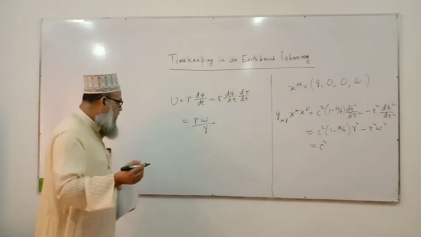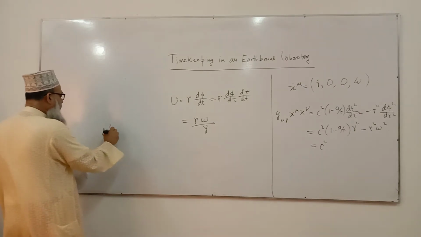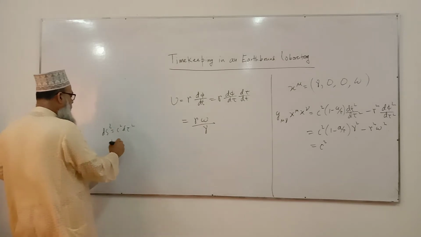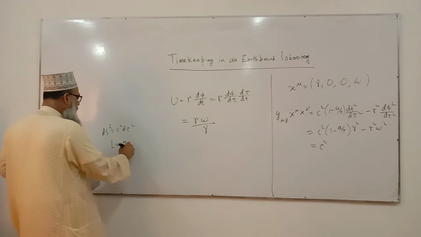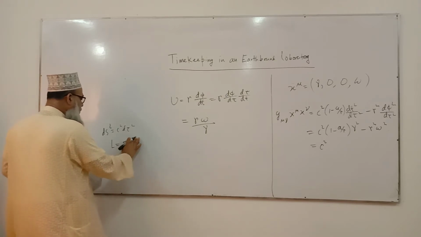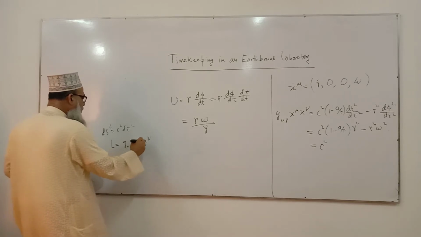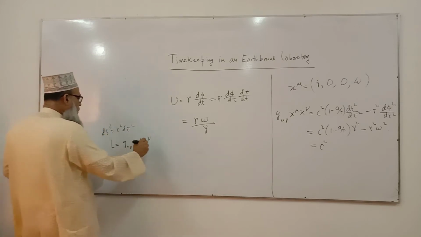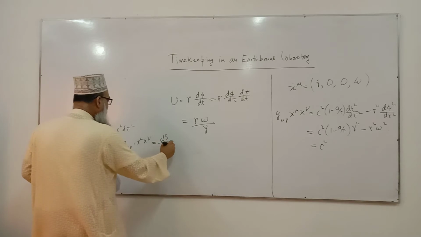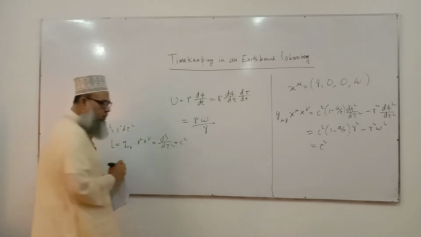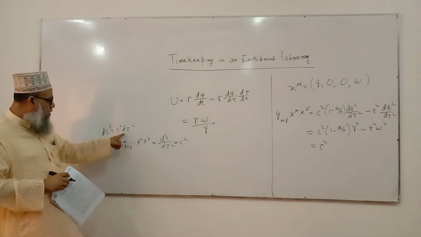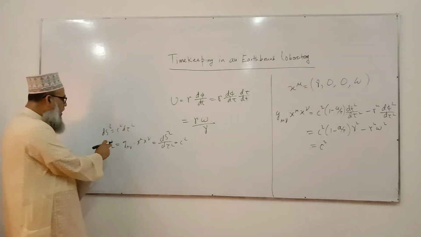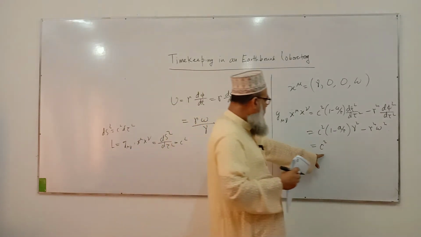You know this, because we have ds squared equals c squared dτ squared, and the Lagrangian L equals g_μν ẋ^μ ẋ^ν, which is ds squared by dτ squared, nothing but c squared.